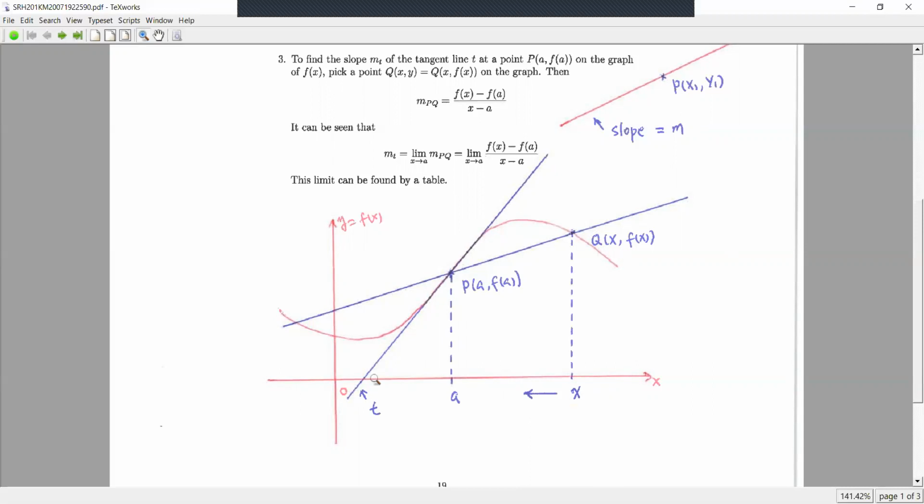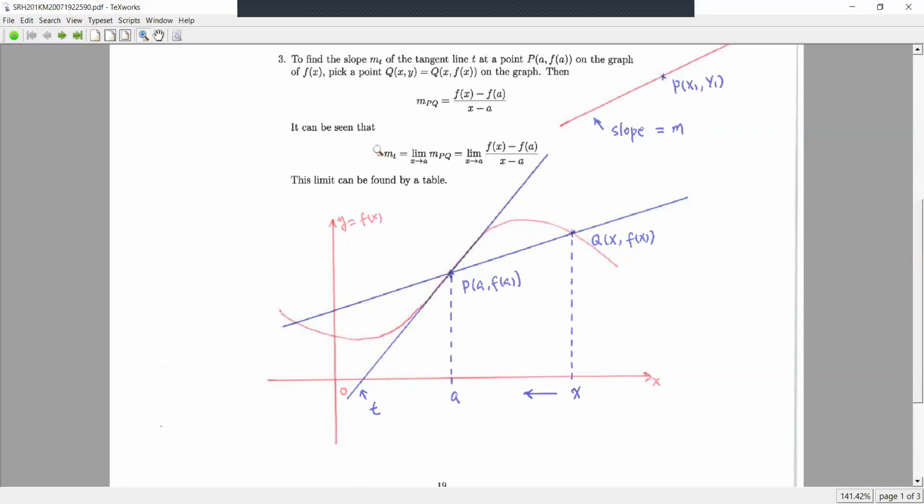In other words, the slope of the tangent line, here m means slope, t means tangent line, is the limit of the slope of the line PQ as x approaches the point a. We write m_PQ here. So we plug in m_PQ to get this limit.